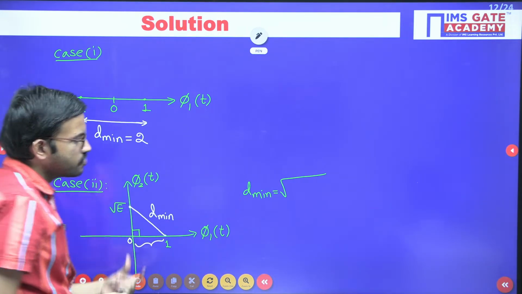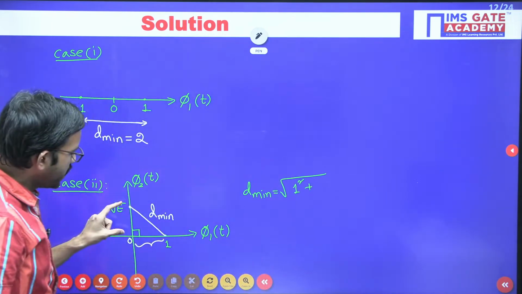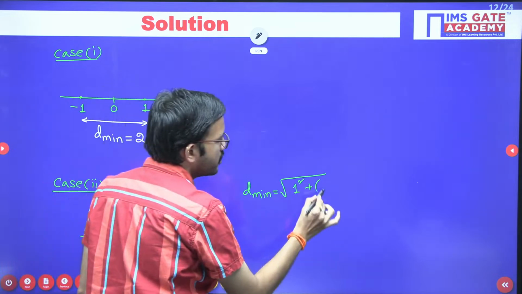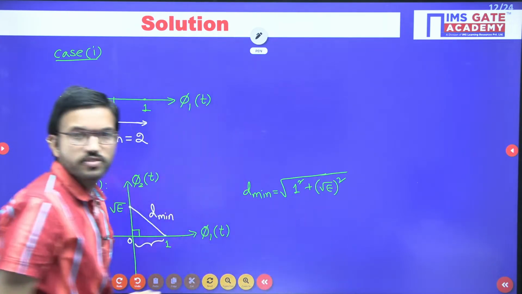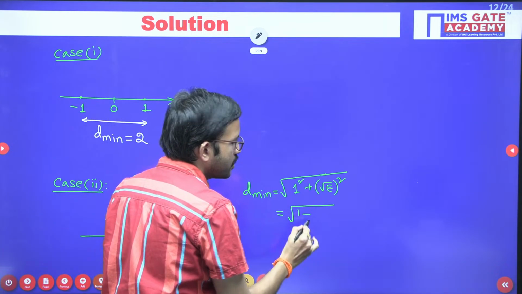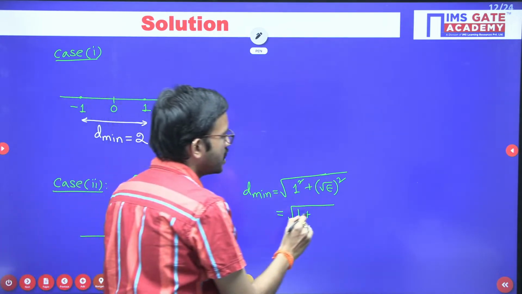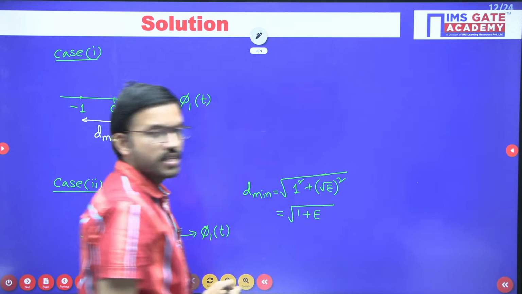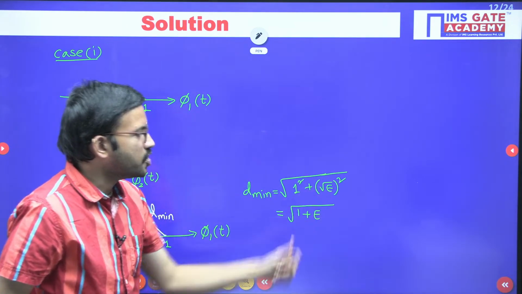This side is 1 unit, plus this side, root E units, whole squared. 1 squared is 1, and root E whole squared is E, since square and root cancel. So you simply get 1 plus E.